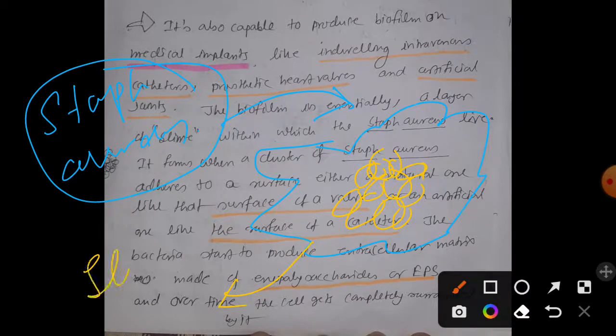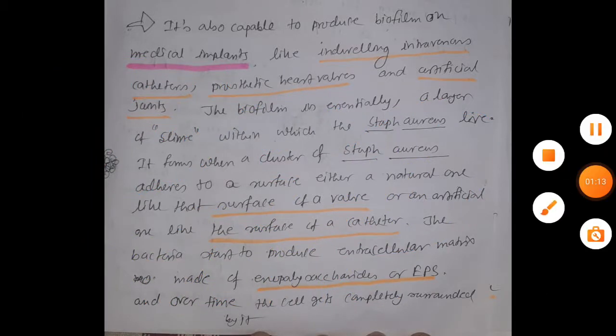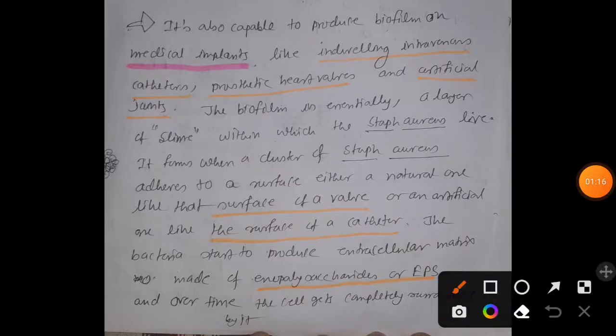These slime layers are made up of a component called exopolysaccharide. This exopolysaccharide makes an extracellular matrix that surrounds the bacteria, and this slime layer is called biofilm. Okay, so that is the slime layer.